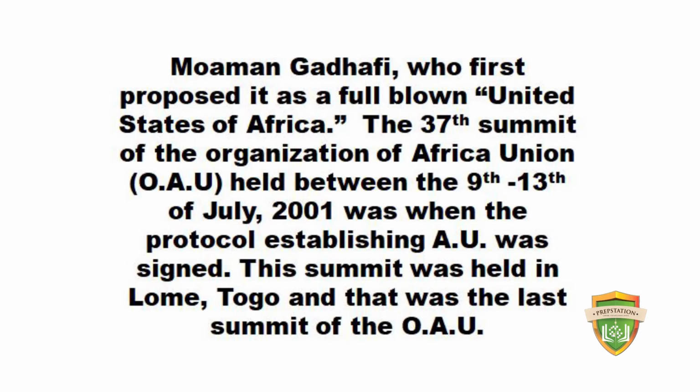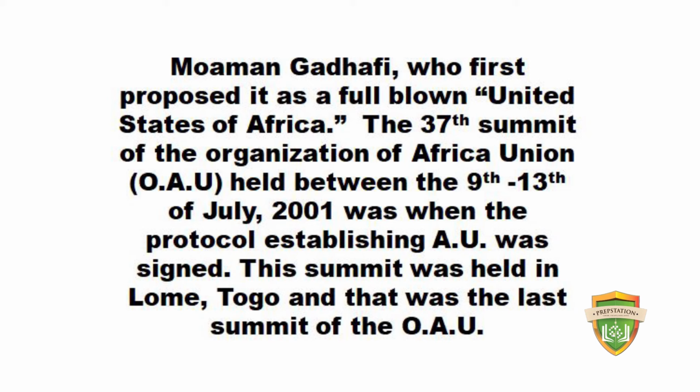Now we have Muammar Gaddafi. Muammar Gaddafi was the first person to propose that. And you can see, finally, that is what we have existing. It was a conference held between the 9th and 13th of July 2001 before they did what?